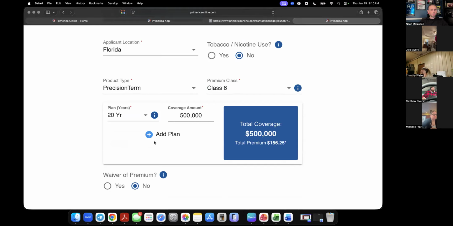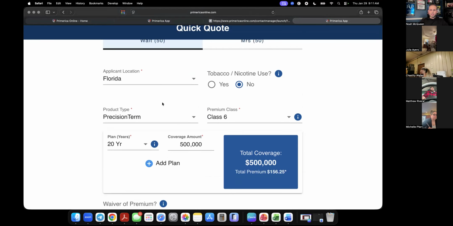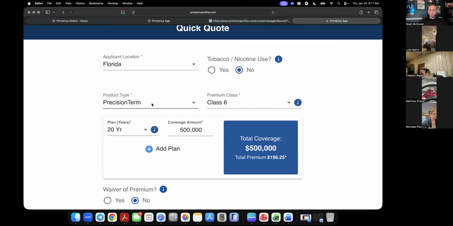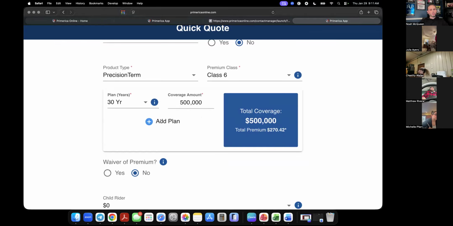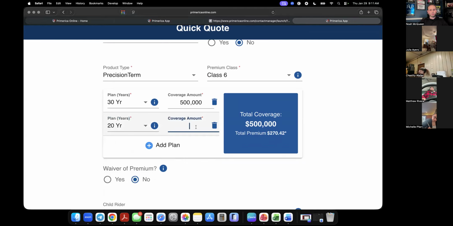So just so you can see this, right? And this is something you don't do on every single client, but if you have an older client, let's say Walt does want a 30-year term of some sort. He wants the longest level term possible. Hey, Walt, that's great, right? Let me show you something kind of custom. It's probably something you may or may not have ever seen before.